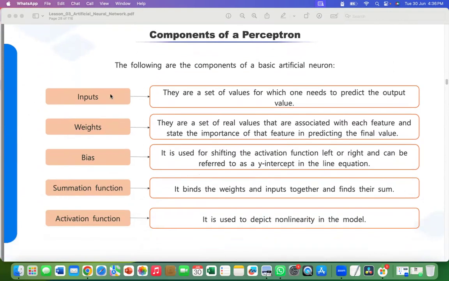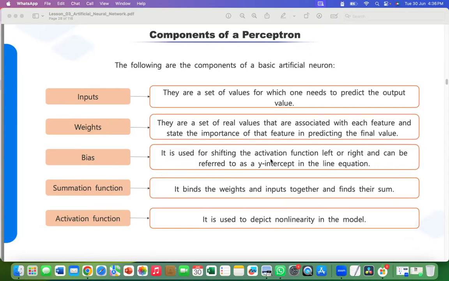You can see that these inputs are a set of values for which one needs to predict the output value. And these weights are a set of real values that are associated with each feature and state the importance of that feature in predicting the final value. Means based on the weight, we can have an idea of which feature has how much importance or how much preference is given to it, right?